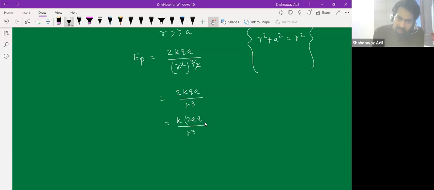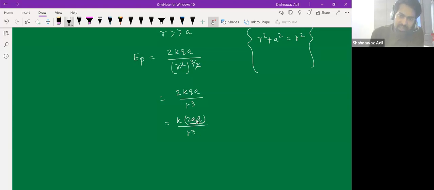How much is this thing? Can you guys recall? Yes, sir, K times 2AQ, right? We had this when we were doing the axial point.